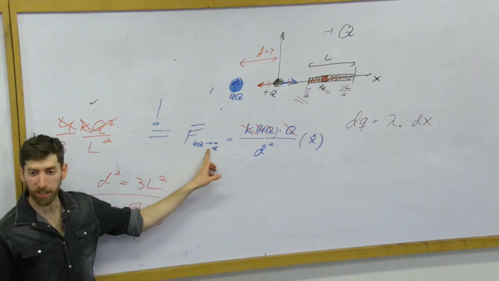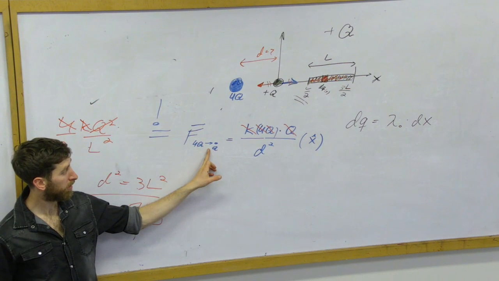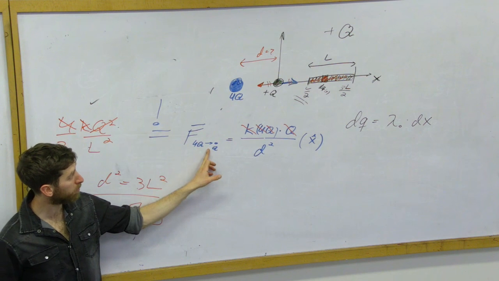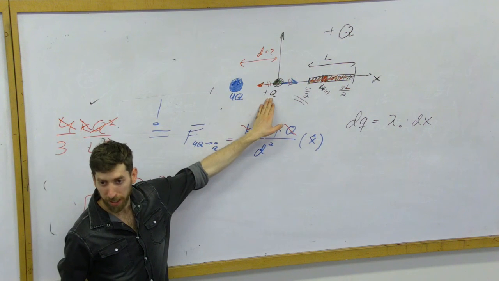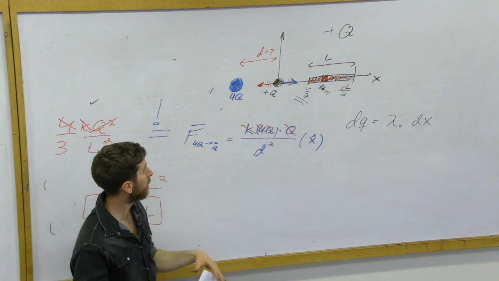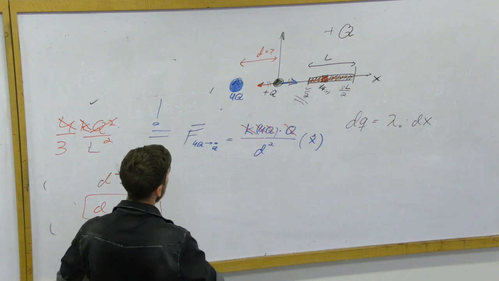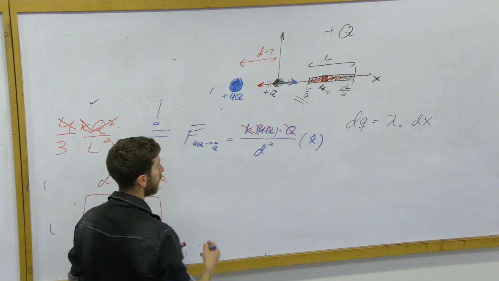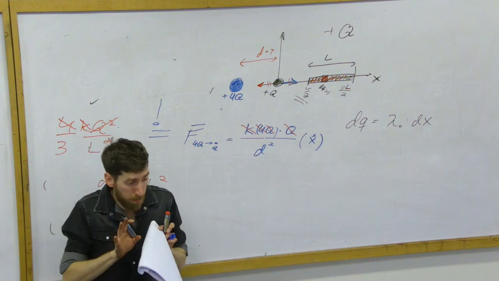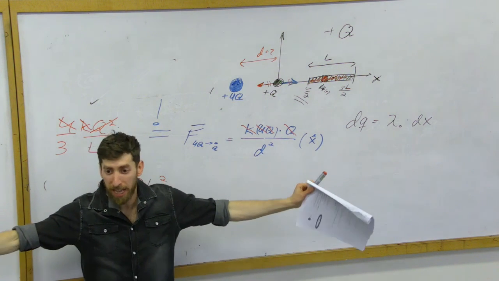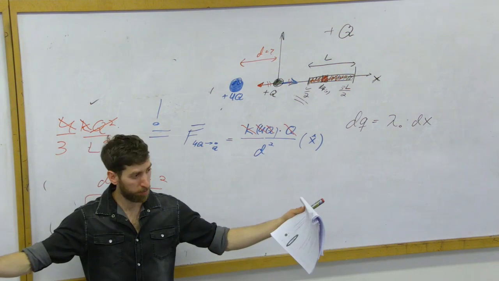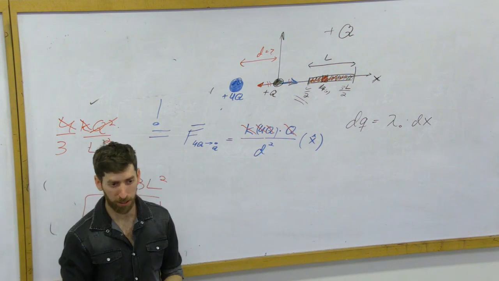And then the minus cancels. No, there's no minus. Both of the charges are positive. Maybe I should emphasize thinking about direction instead of charge. You know the direction because you know that the same charges repel each other, and different polarity attract each other. That's a rule you need to remember.